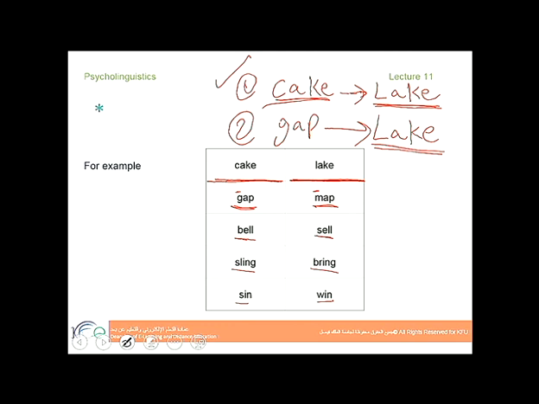All of them will be active for you to choose from, for lexical access, for you to choose a word to use, for understanding or for production. So it works this way, but it doesn't work like that. When I show gap and then I show cell, there will be no form priming. Maybe there is semantic priming, but it's not here.